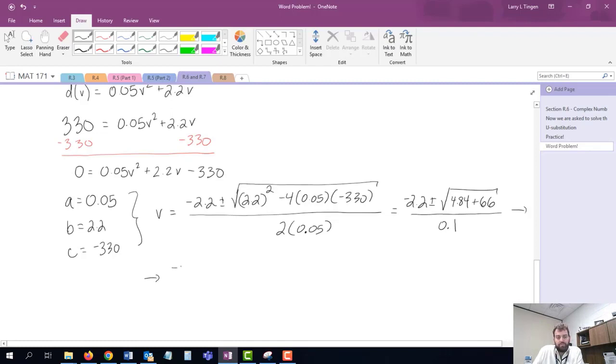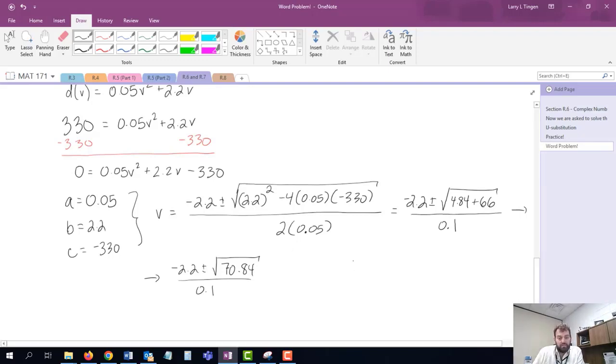70.84. Negative 2.2 plus or minus the square root of 70.84. This is where it got away from me in class. I forgot to actually then take the square root, divided by 0.1. What is the square root of that number? The square root of 70.84 is 8.42.